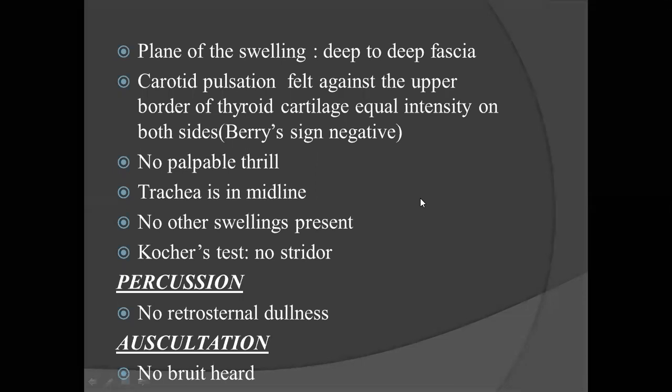Because why do you want to assess this? Whether you just do the surgery in the neck alone, or the swelling is extending deep inside the chest and we need a thoracic surgeon's help also to do surgery. Suppose the swelling comes up on swallowing also, that means you can see the lower border. That means you can get away with surgery in the neck alone.